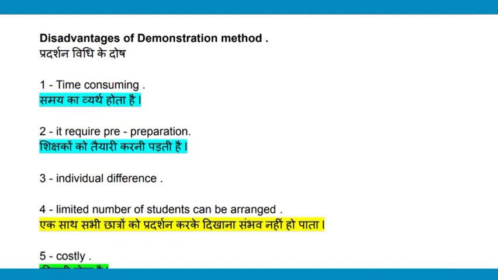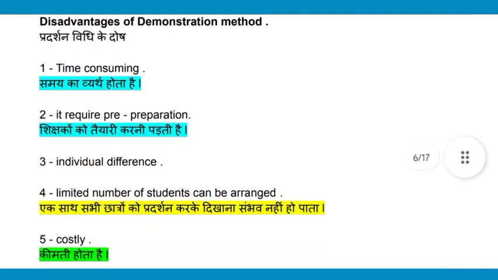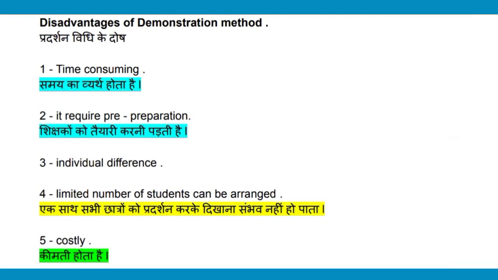Third is individual difference. It basically opposes individual difference because each student is different from each other. If the teacher is trying to demonstrate something, it may be possible that some students like slow learners will not be able to understand very quickly.